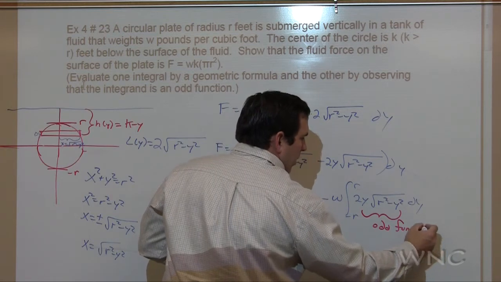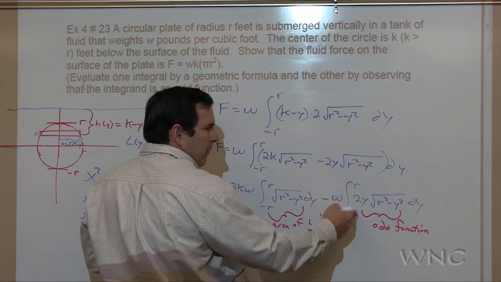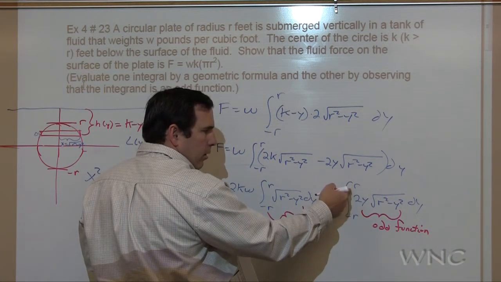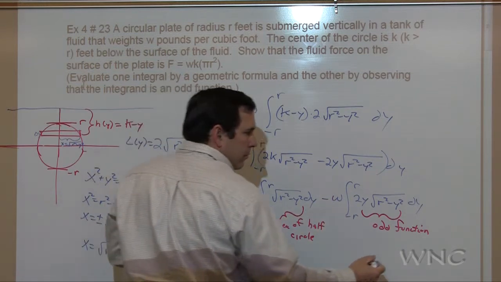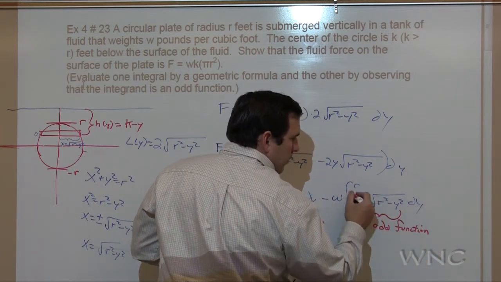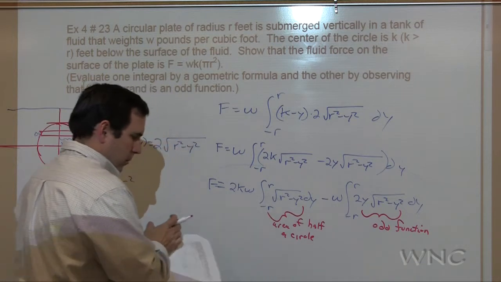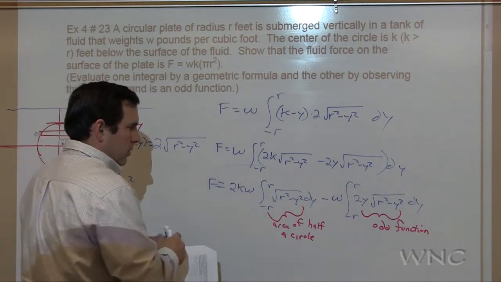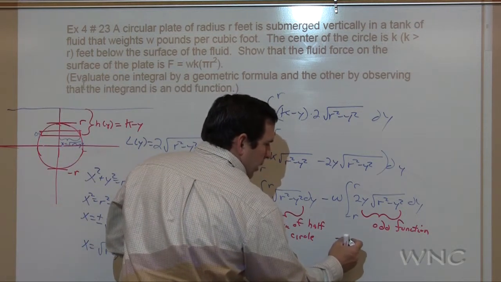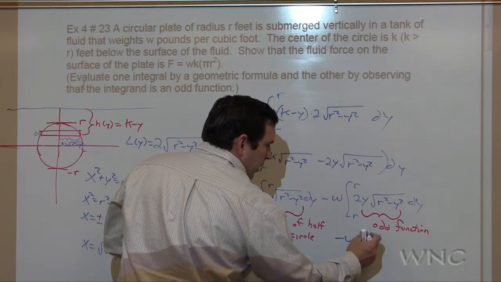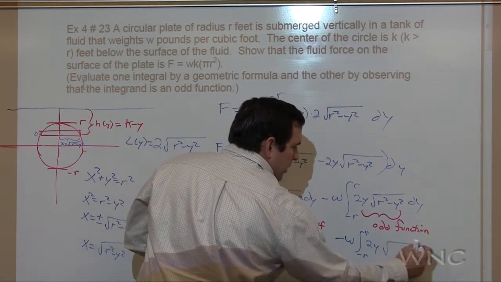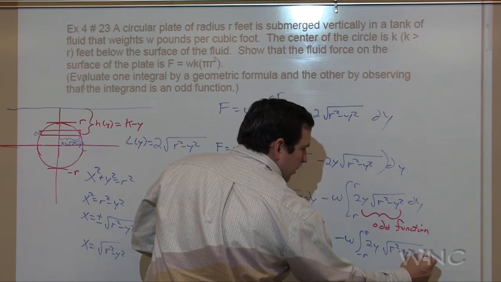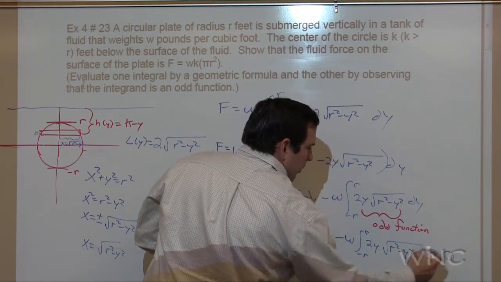Now, being an odd function from negative a to a, or in this case negative r to r, means it's going to be 0. So if we did the negative W times the integral negative r to r of 2y times the square root of r squared minus y squared dy, that's just 0.